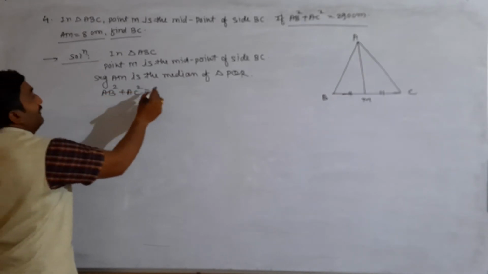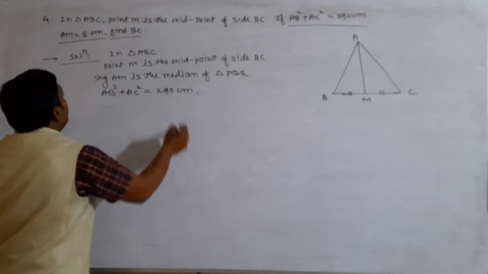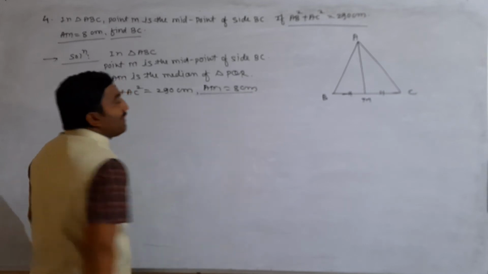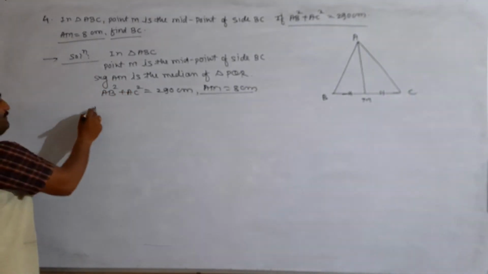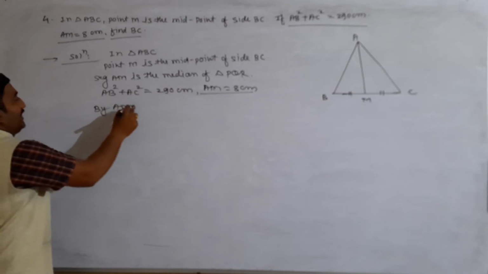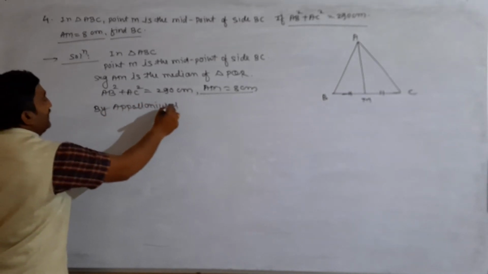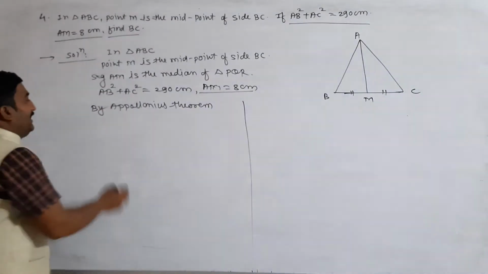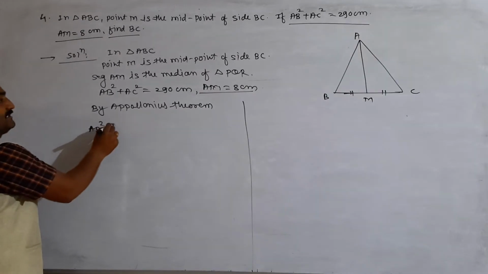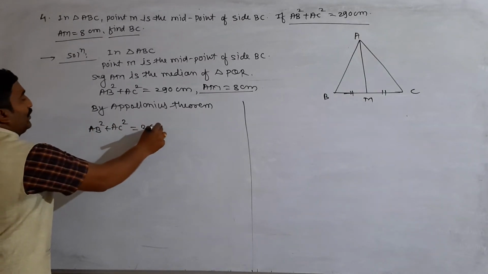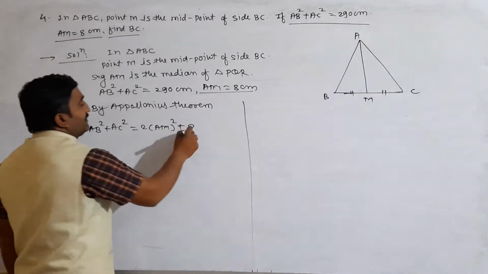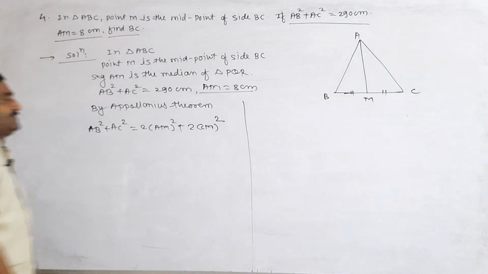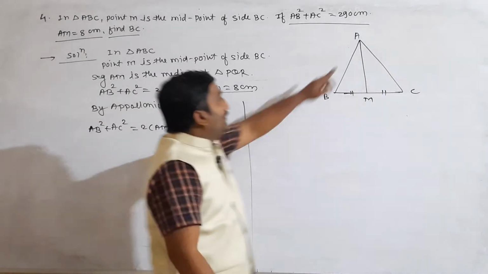We are given AB square plus AC square is equal to 290 centimeter and AM is equal to 8 centimeter. So by Apollonius theorem, AB square plus AC square is equal to 2AM square plus 2CM square. This is the statement of Apollonius theorem, where AM is the median.